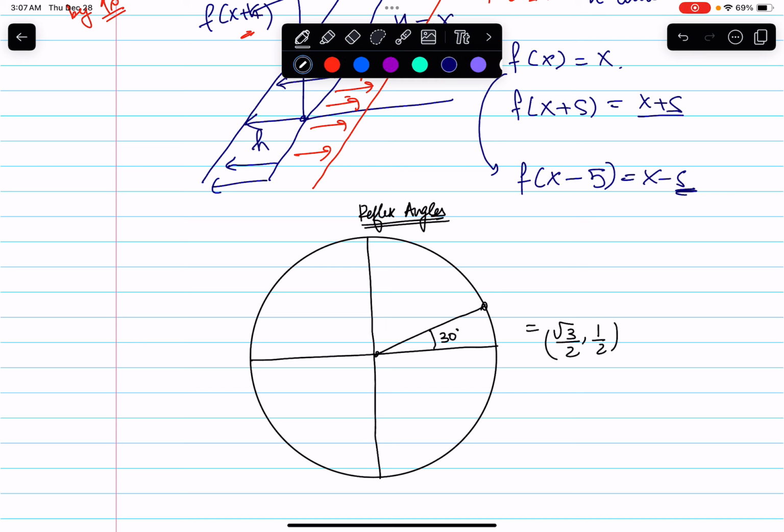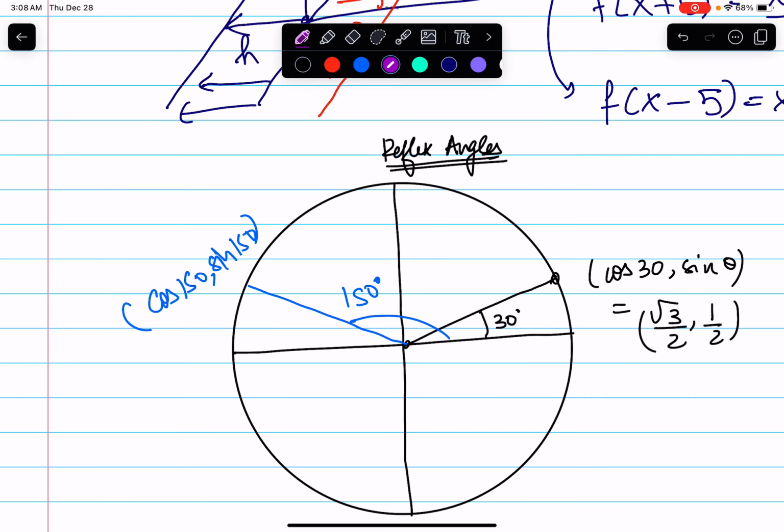Okay. So this is cosine of 30 and then sine of 30. Now, what happens is, let's say someone gives you an angle, right? They give you this angle over here and they call it 150 degrees. And they say, can you tell me what cosine of 150 is and what sine of 150 is without using a calculator, okay?